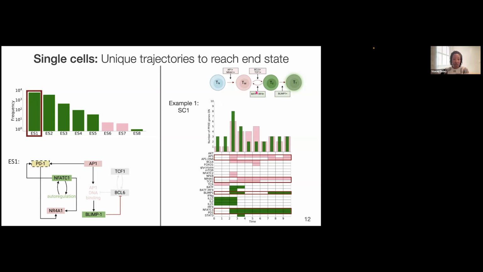And this is interesting to us because it represents targets that we might be able to go after through collaborations with experimental research groups. If I want to inhibit the transition from a pro-memory state to an exhausted T cell state, then maybe I should target this gene BCL6 or another gene TCF1.